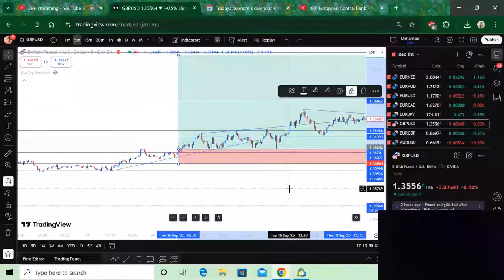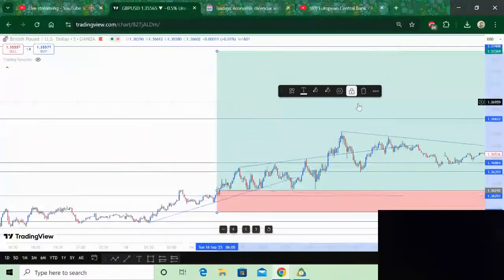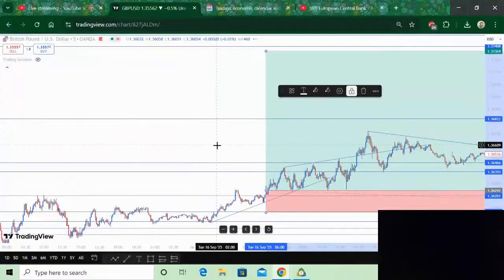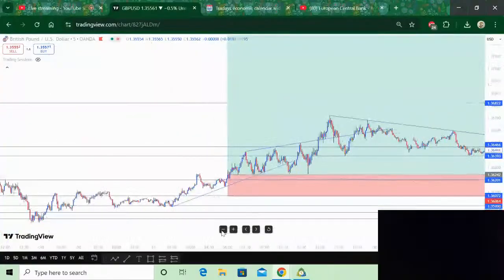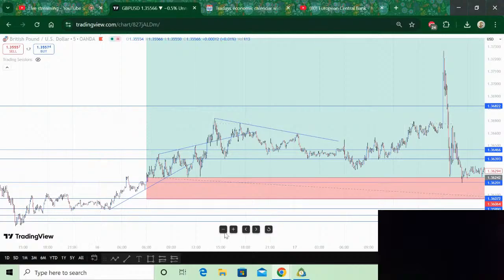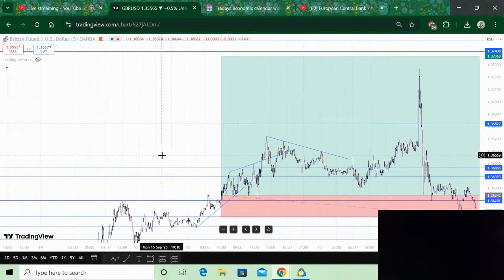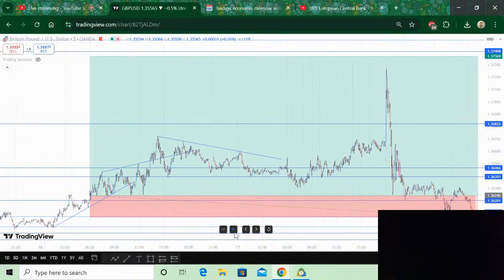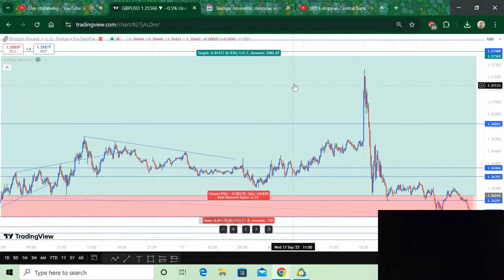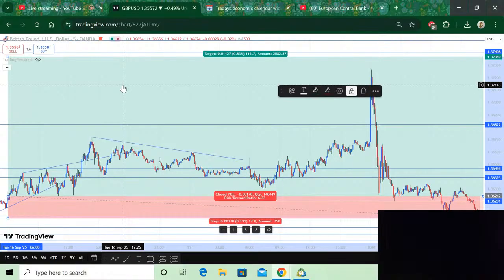Let me expand it so that it's proper. As you can see, this is the trade, right? I need to shrink it more so that everything can come into one phase. Can it? Okay, let me increase it a little. How much? Wait, let me check. Okay, so let me shrink it a little.